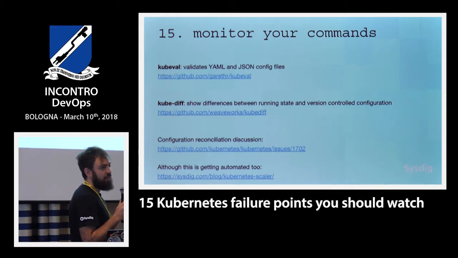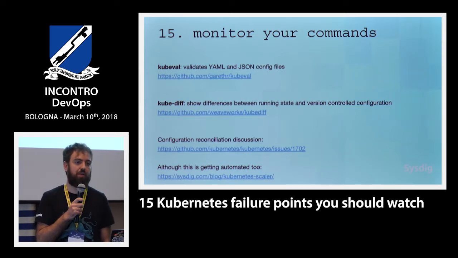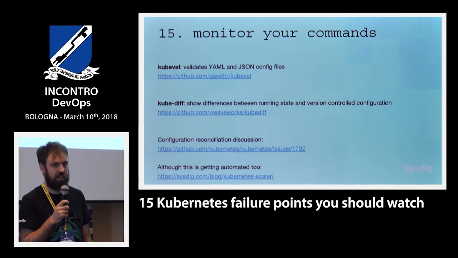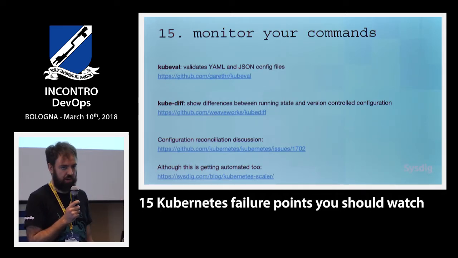The other typical failure point can be, we have modified something manually in our cluster, and then for some reason I see the files and manifests that were committed into the Git repository, but then Kubernetes is running something else. What the hell is going on?